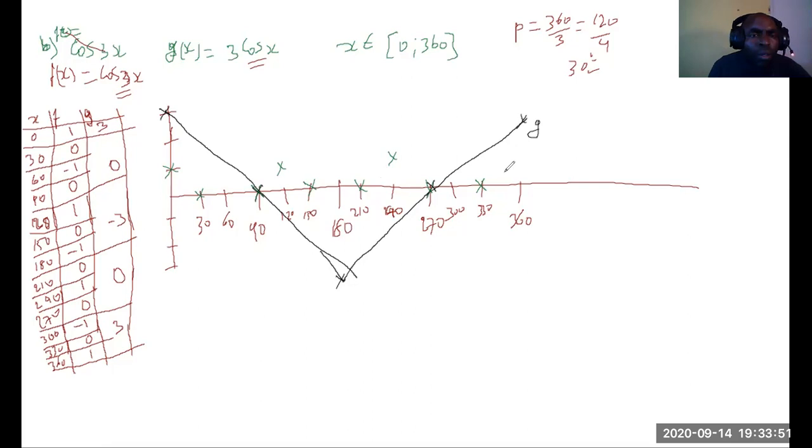I've got a minimum at 60, then at 180, then 300.